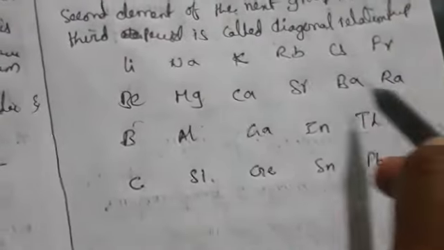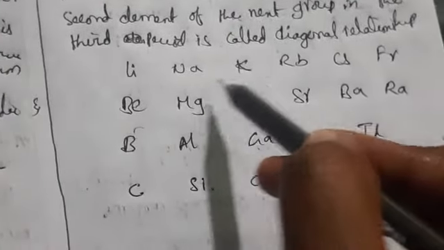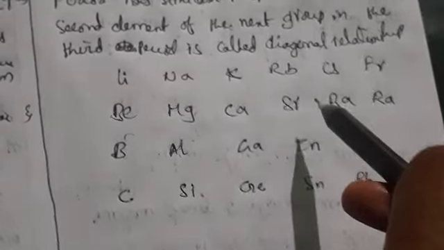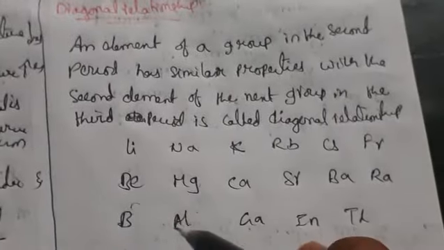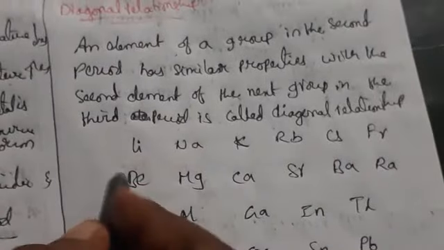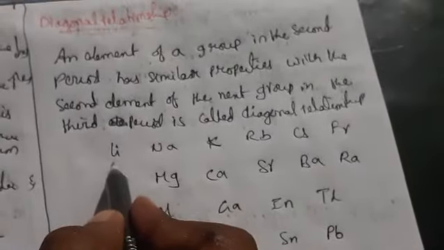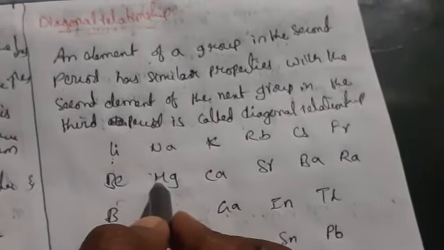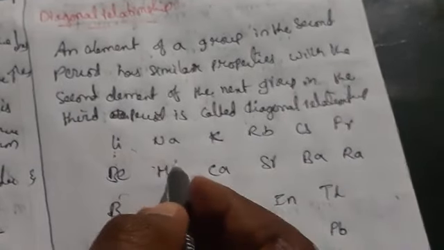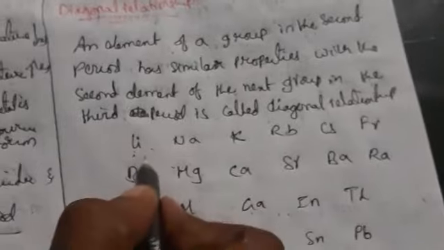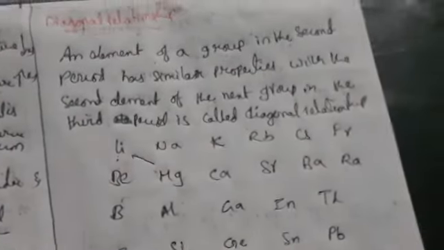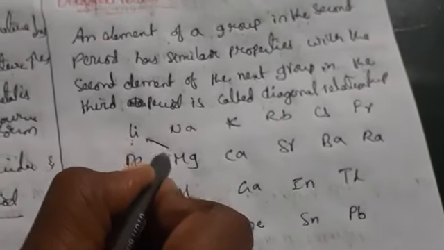What is written horizontally, we call a period. So what I have told you: the element of a group in the second period has similar properties with the second element of the third period. This is the diagonal relationship.